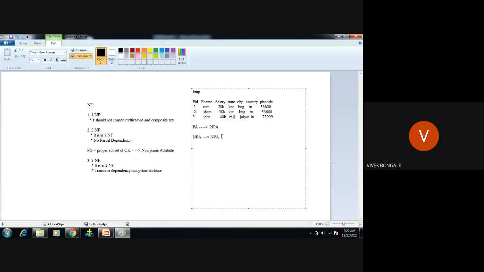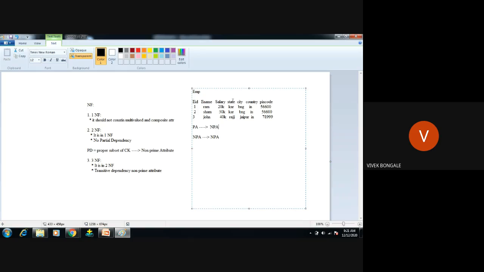If you find this type of dependency on the table, then it is violating third normal form. Means we can say that pin code is determining city, then city is determining state, then pin code can determine state.